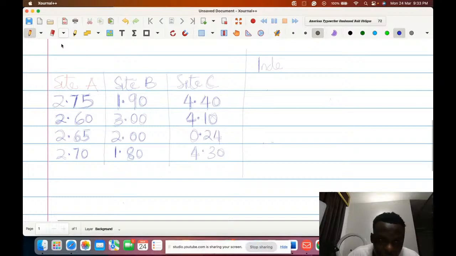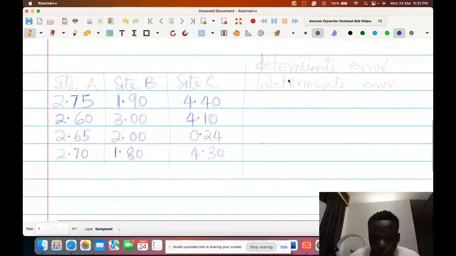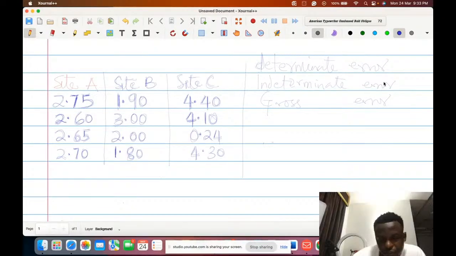Determinate error is the same thing as systematic error. We have determinate error, indeterminate error, and then gross error.